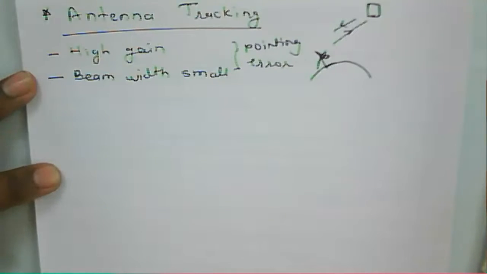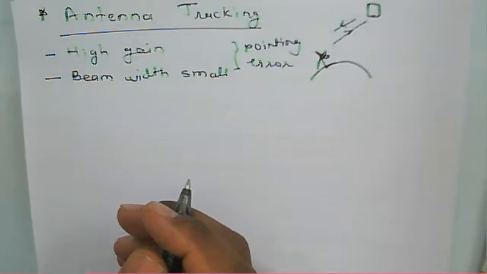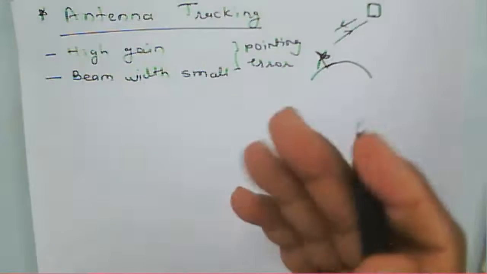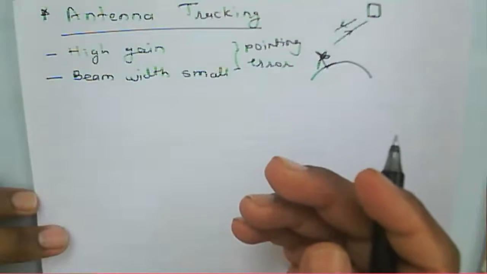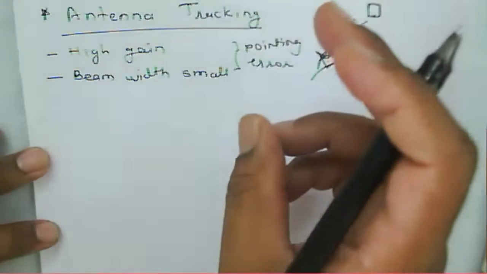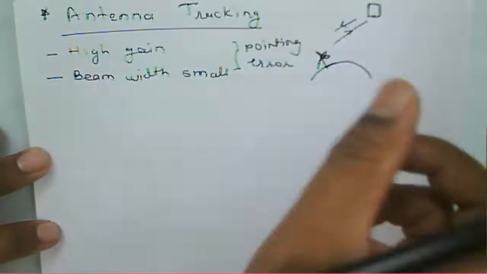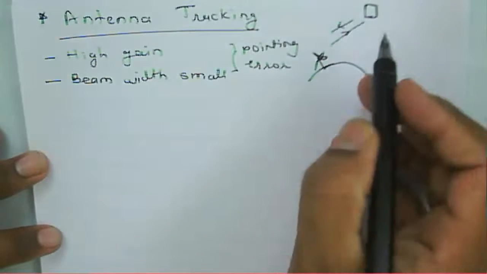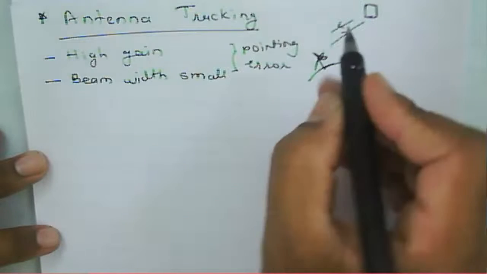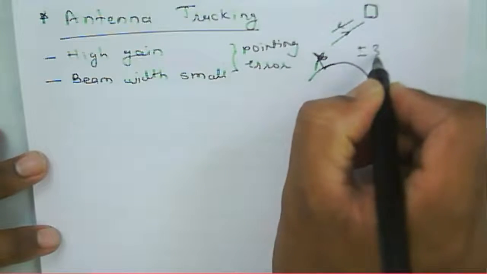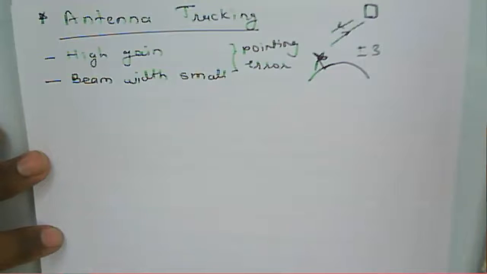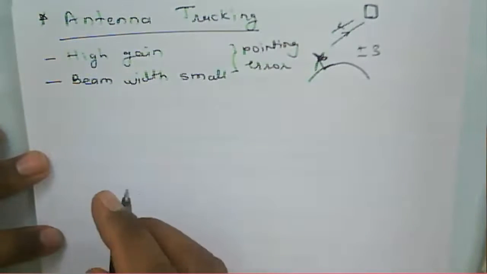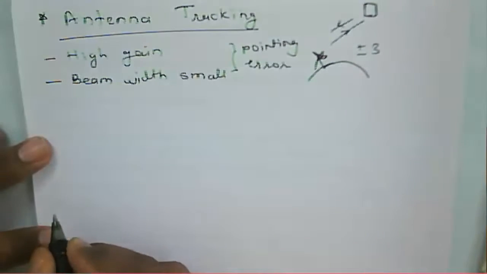Generally, if you consider a geostationary satellite that transmits the signal, the satellite may move from its particular position, but it will move within a window of plus or minus 3 degrees.